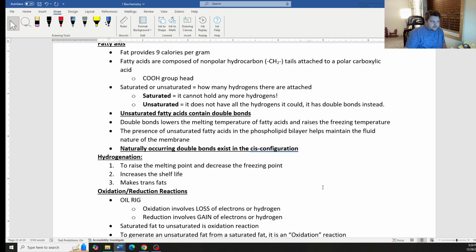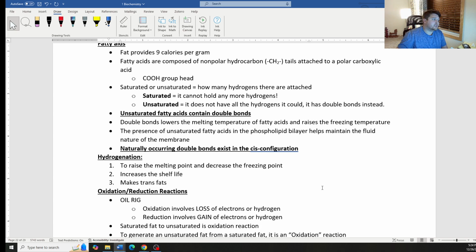When we talk about fats, we often talk about saturated versus unsaturated fats. This is specifically referring to the number of hydrogens attached to that chain. If it is saturated, that means it cannot hold any more hydrogens.